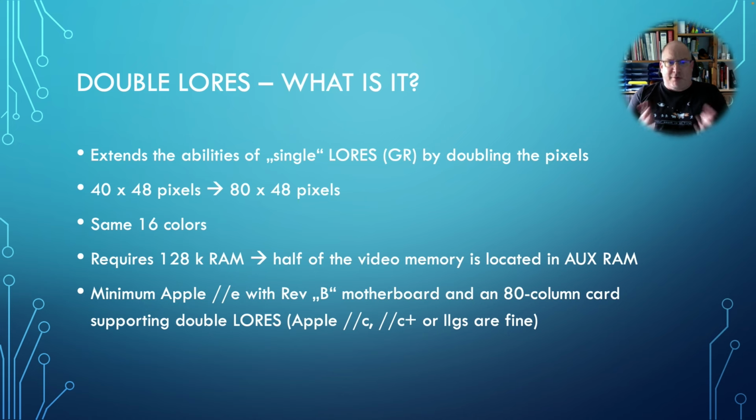So the minimum system requirement is an Apple IIe, and the first revision A motherboards don't support double low-res, so you need a revision B or anything other than a revision A motherboard, and you need an 80 column card which also supports double low-res. The first 80 column cards also do not support double low-res graphics, so you need an extended 80 column card which supports this graphic mode. The Apple IIc, IIc Plus or the IIGS are fine with this graphic mode, they work.